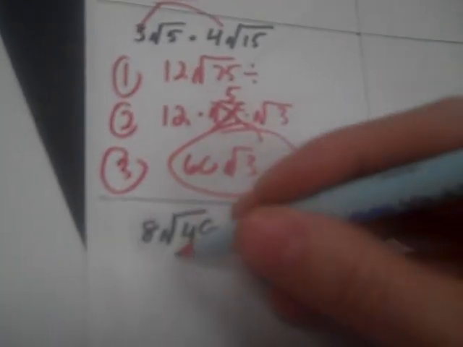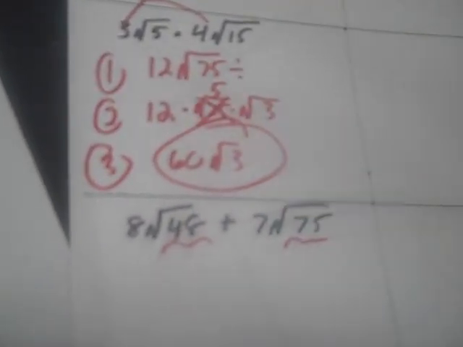Okay, addition. First off, I look under the square roots, and they're different. So I can't do the adding operation right now, so I need to attempt to rewrite the problem. So 8 square root 48, 7 square root 75. Okay, so 48 is not a perfect square, so divide into it.